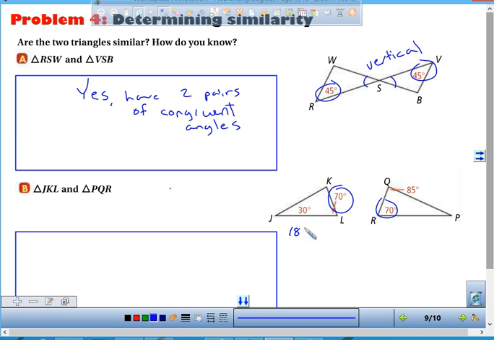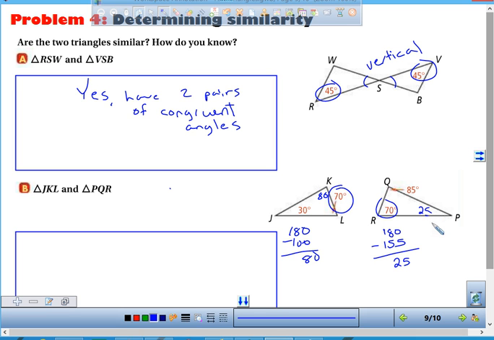And 180 minus 100. Okay, do I have another pair? No. Okay, so then I better check over here. 70 and 85 is how much? 155. And that gives us 25.